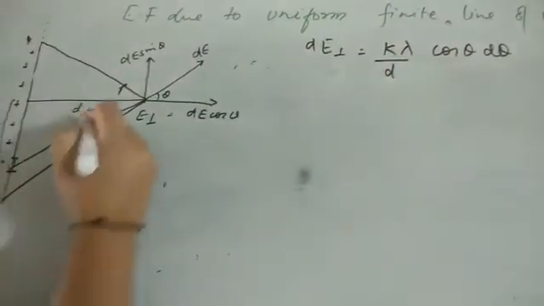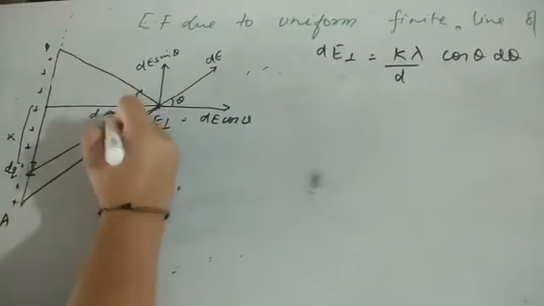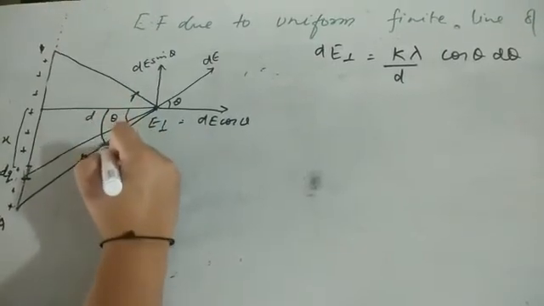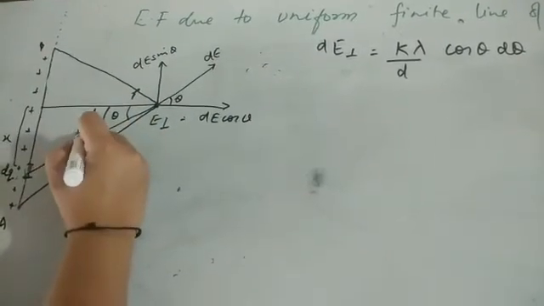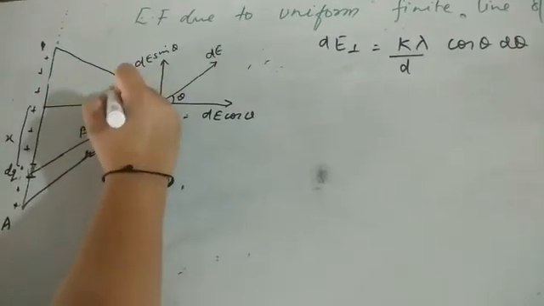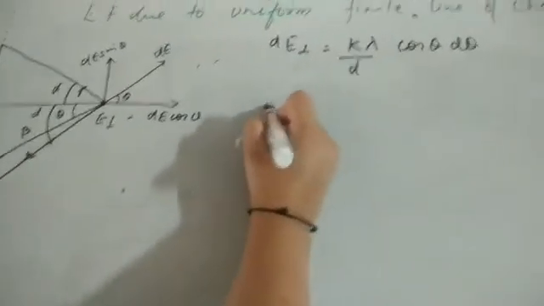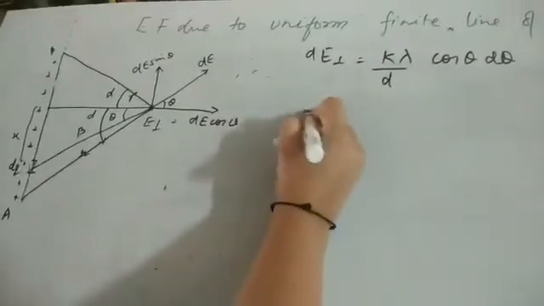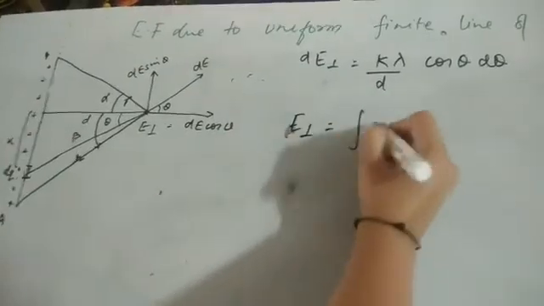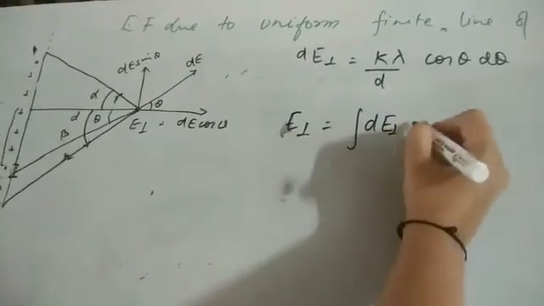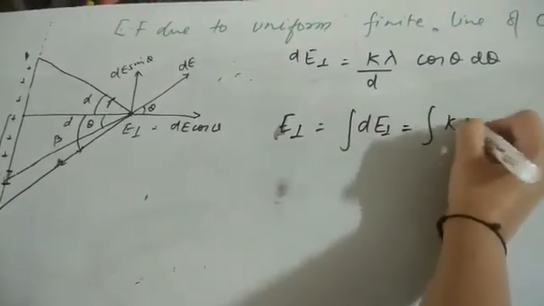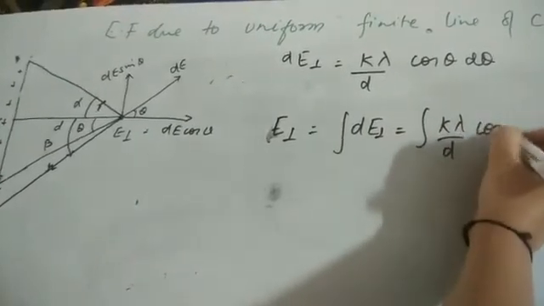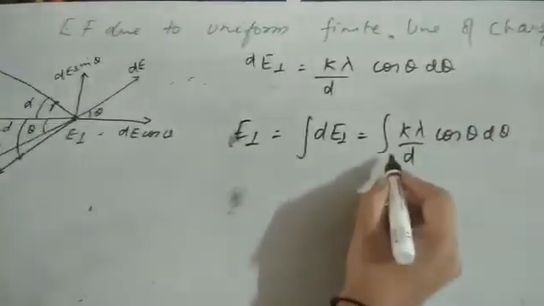So here is your term theta. The integration of theta would be from, we have begun from here, so we are going from here down. I'll write this angle as beta and this angle as alpha. So E perpendicular is the integration of dE perpendicular, which is again k lambda upon d cos theta d theta, but integration from where?